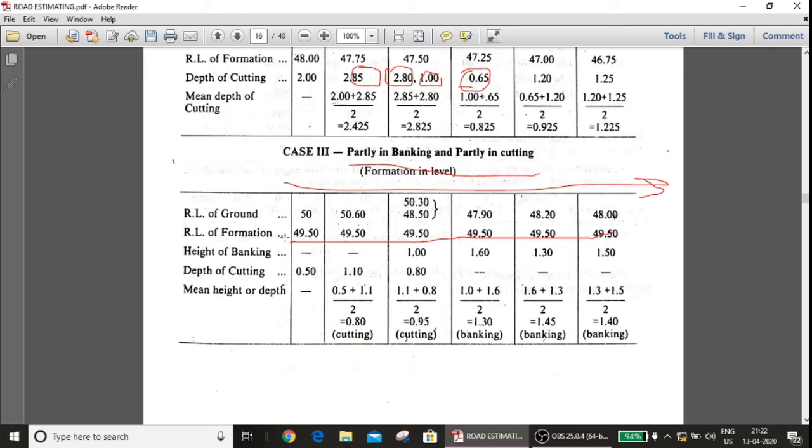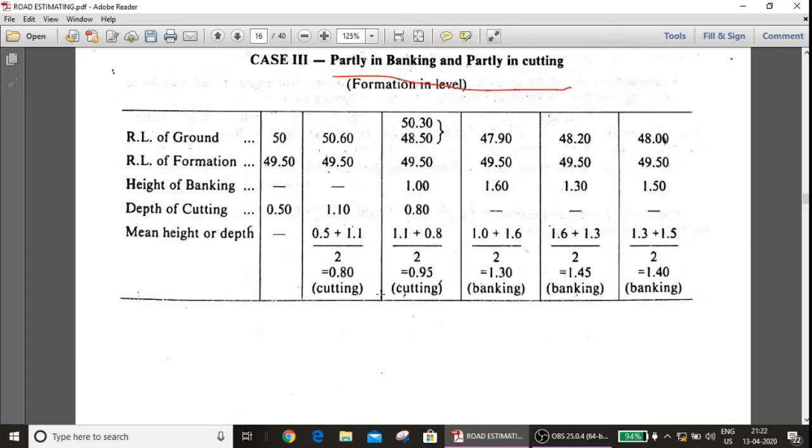If the ground value minus formation value gives a negative value, then it is for banking. If you understood the concept, it will be very easy. So 50 minus 49.50, we are getting a positive value and it should be cut down. So 0.50, similarly 1.10.